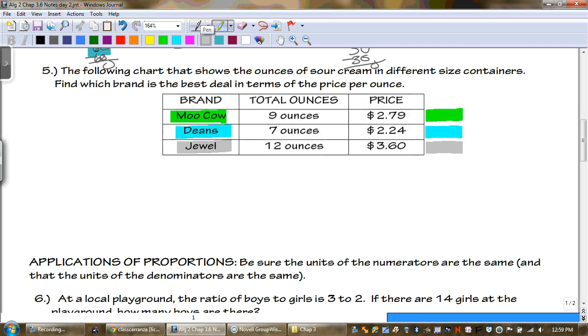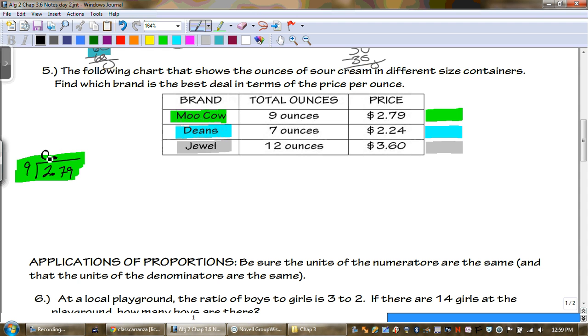Okay, so the first one that I'm going to do is the Moo Cow. So we've got to do 279 divided by 9. Okay, I know that's where my decimal is, so I'm going to bring it up right away. I'm going to highlight this in green so I don't forget that that's Moo Cow. Okay, does 9 go into 2?